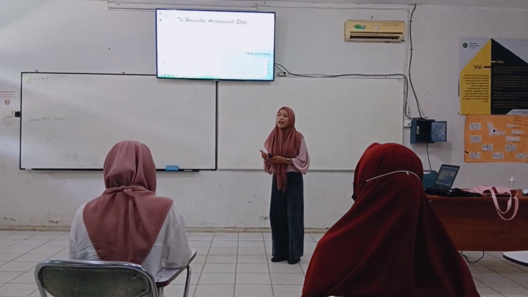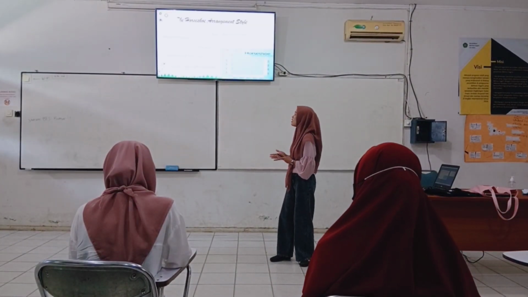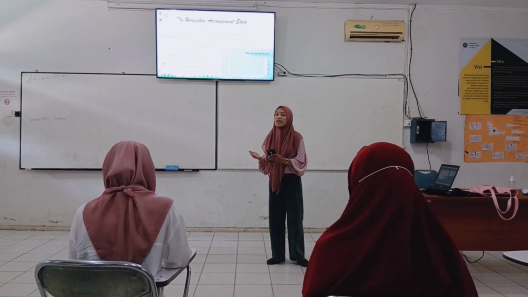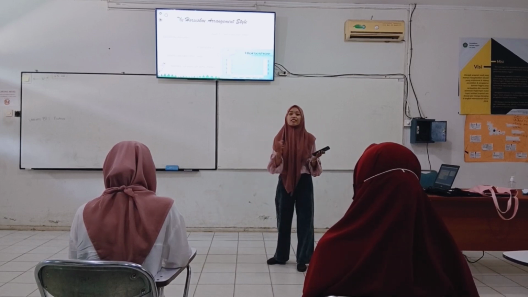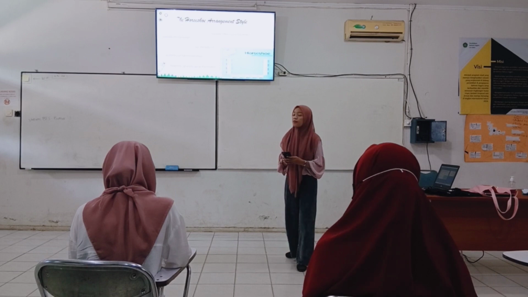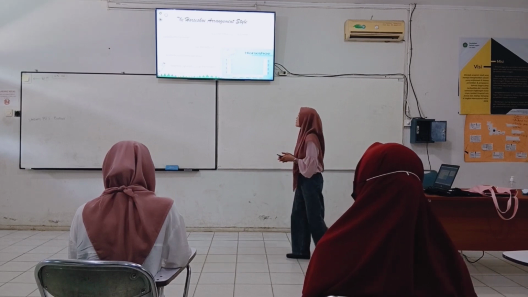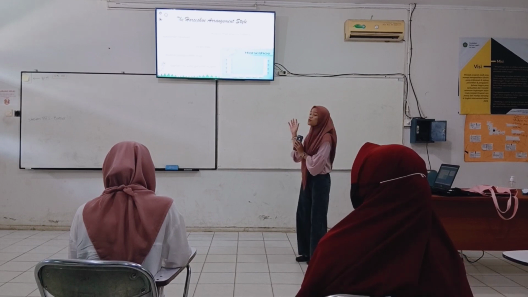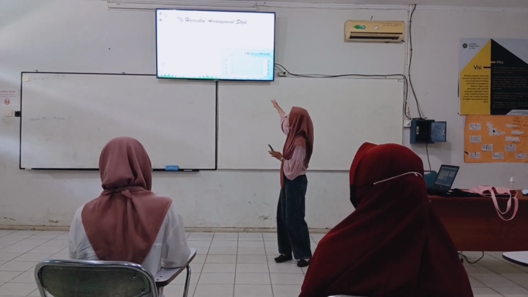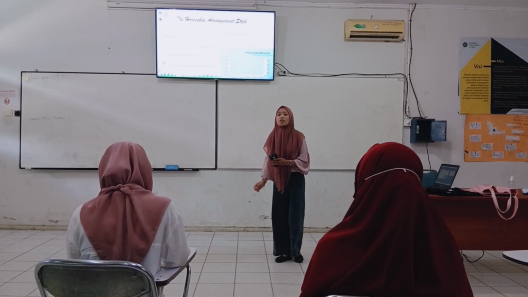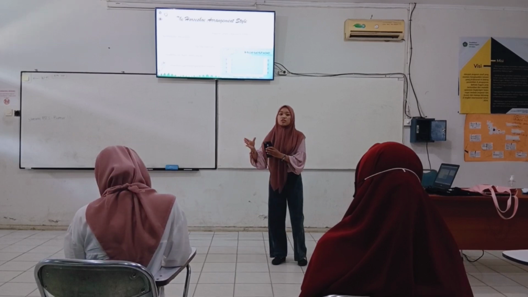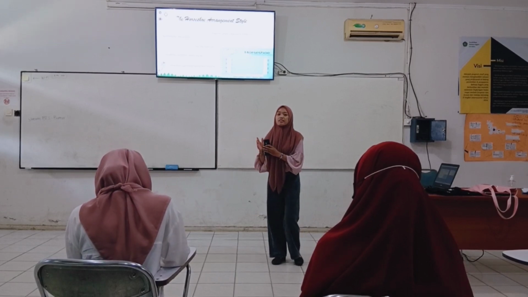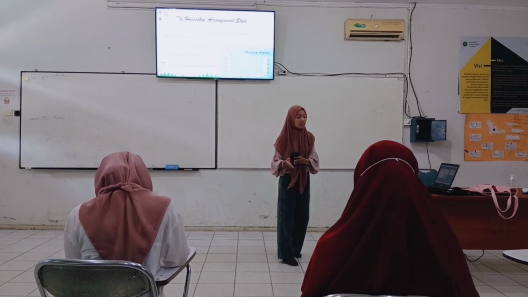That is the advantage of this style. But the disadvantage of this style is that students can cheat on each other. The teacher can explain the material in the middle of the students, so the students can focus on the teacher when the teacher explains the material.